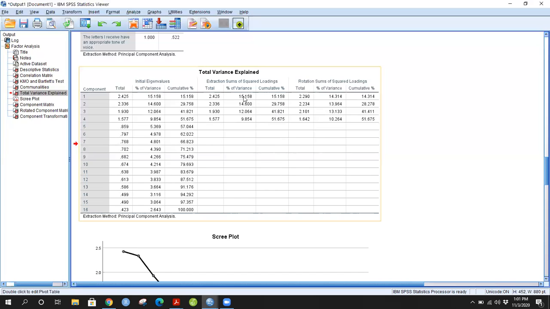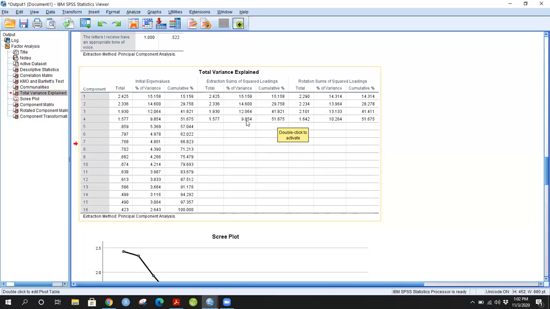Likewise, the third is a sum of these three, and the last is the sum of all of these, which comes out to be 51.67. We interpret this as: the first four factors in my analysis together account for 51.67 percent of total variance.